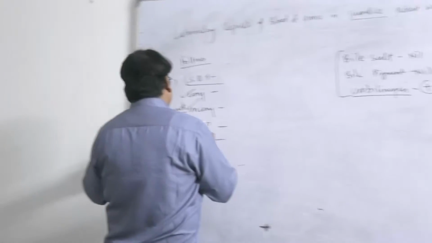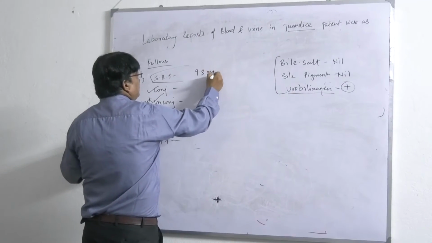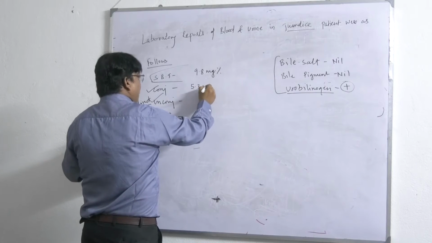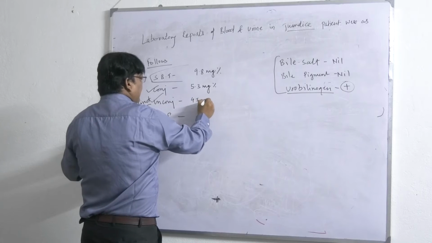The normal level of the total bilirubin is 9.8 milligram percentage, conjugated is 5.3 milligram percentage, unconjugated is 4.5 milligram percentage.